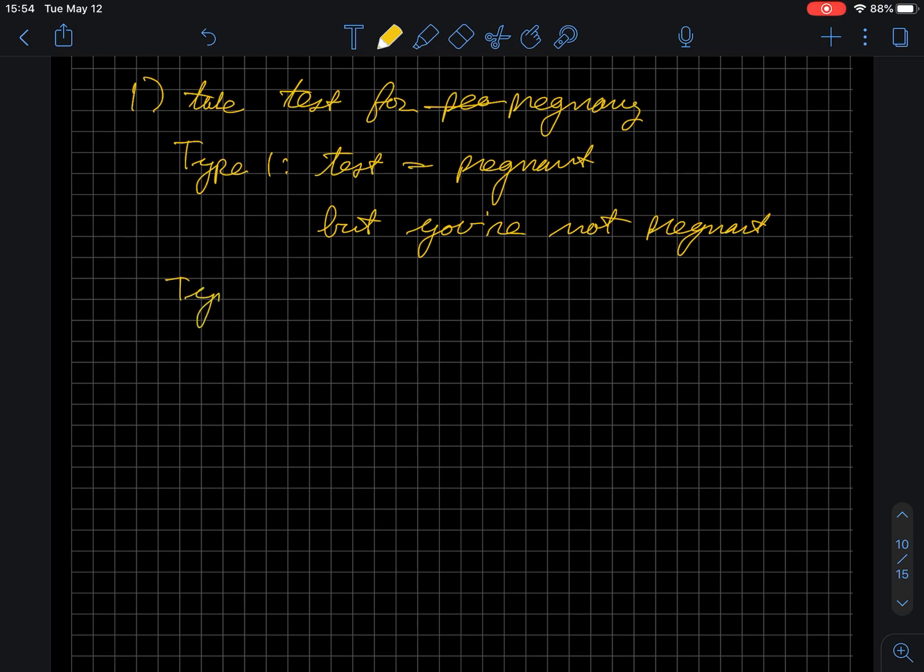A type 2 error is when the test says not pregnant, but you are pregnant.